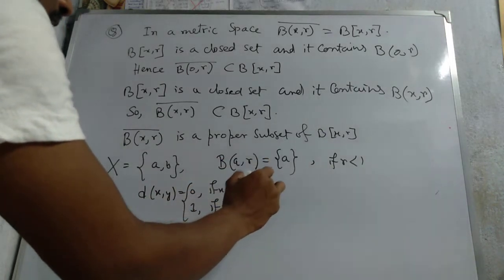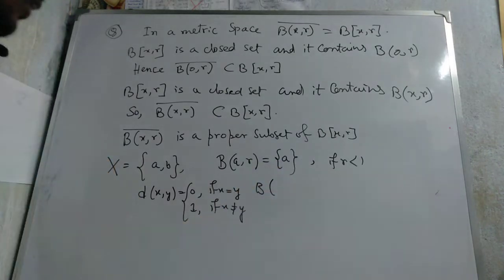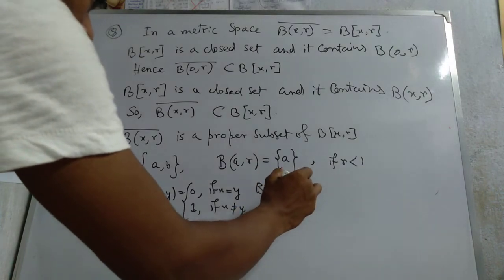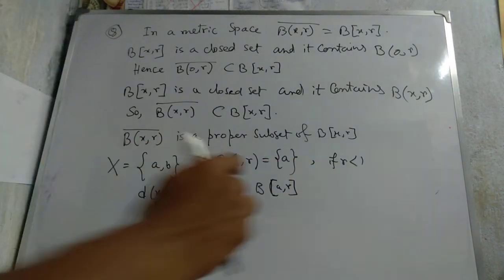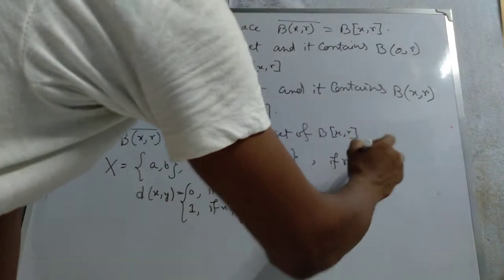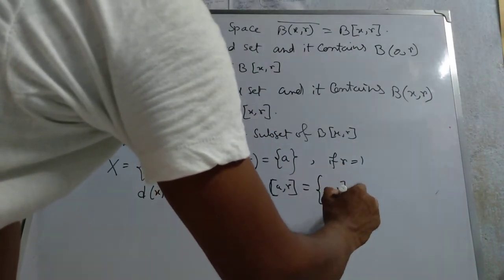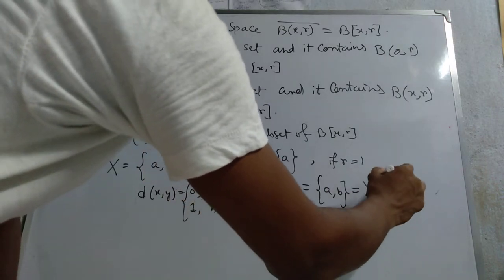Then here, when r equals 1 is considered, B(a, r) equals {a, b}, which equals X.